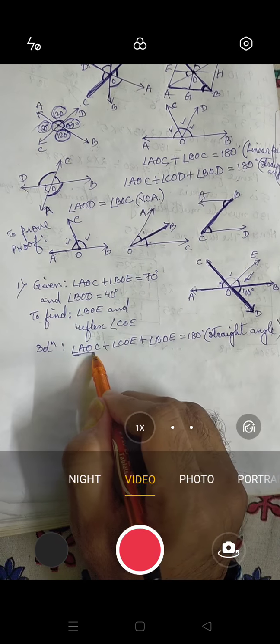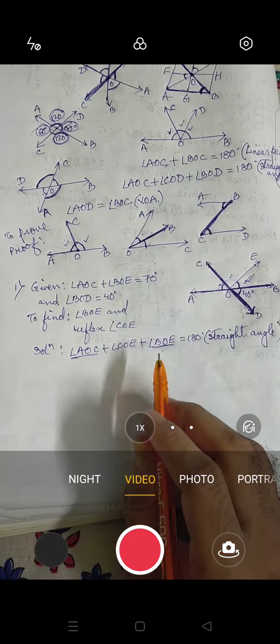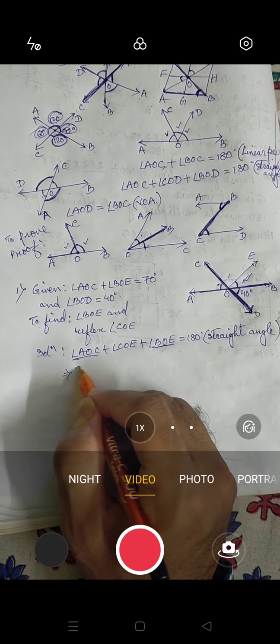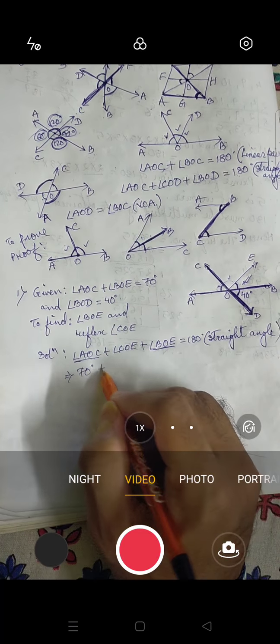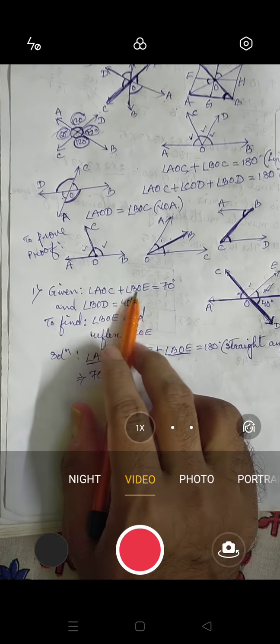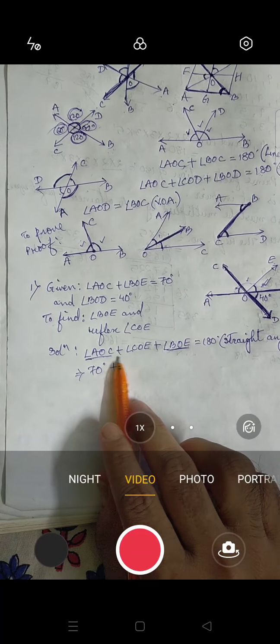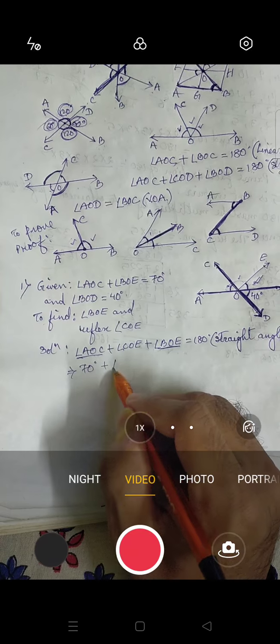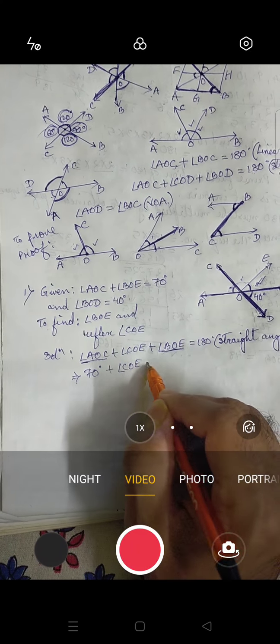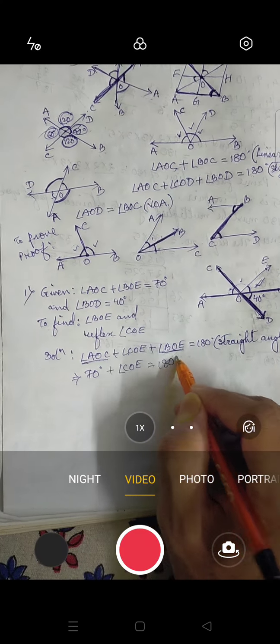Now AOC and BOE, these two together were 70 degrees. So we will write 70 degrees. It was given in the question. So AOC and BOE are 70 degrees plus COE equals 180 degrees.